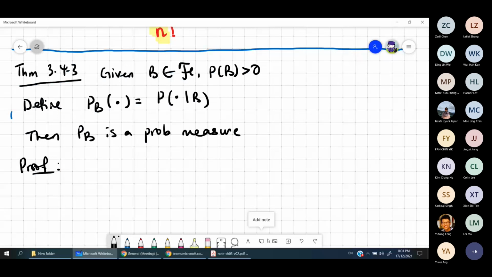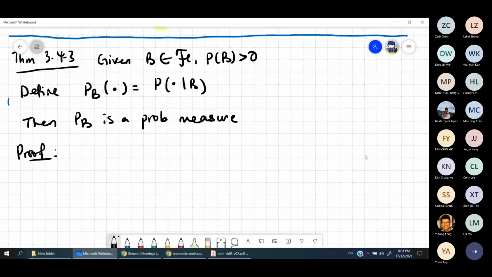So let's look at the proof for it. We have to verify this P_B satisfies the three conditions there.